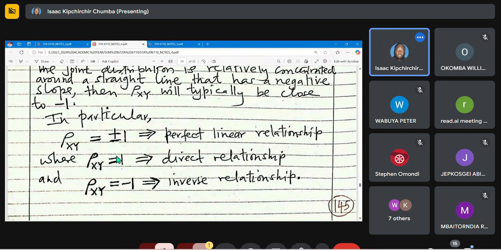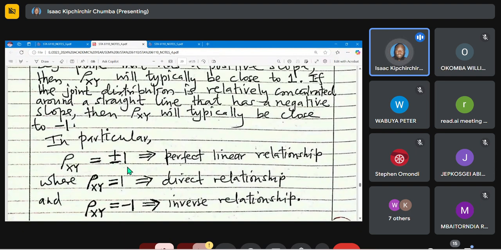So when we are talking about correlation being plus or minus 1, we are talking about perfect linear relationship. It's perfect. That is why if you are to plot values with a perfect linear relationship, they will actually fall on a straight line.